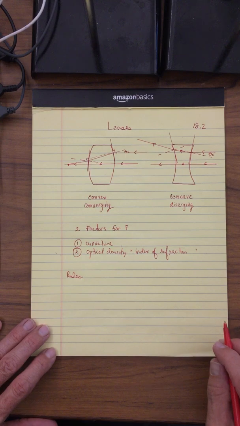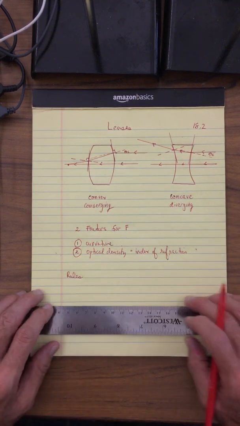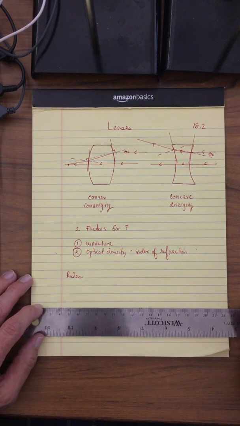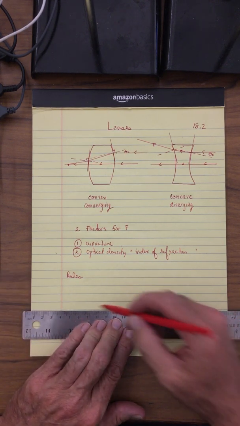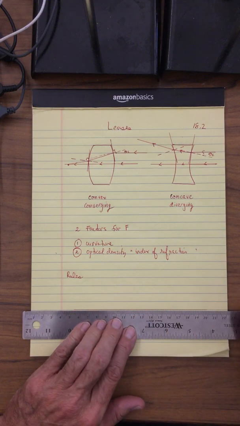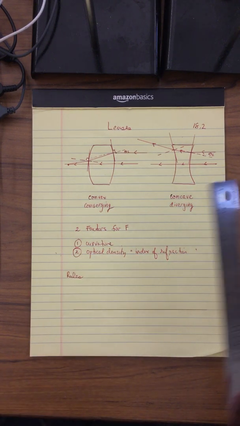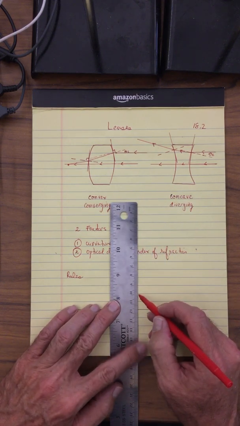And let's go ahead and draw our lens. So if you can, draw a line down here, like this. And we're going to draw our lens in the middle.